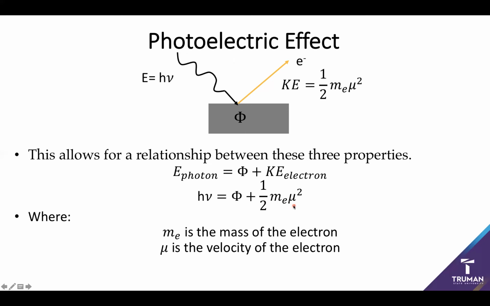And so if you measure the velocity of the electron and you know the frequency of the light, you can determine the work function. If you know the work function and the frequency of the light you shot out, you can figure out how fast the ejected electron will be moving. And this actually allows quite an efficient description of the movement of electrons and how they interact with light.